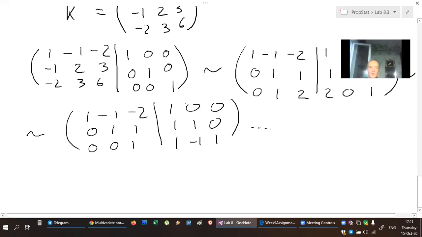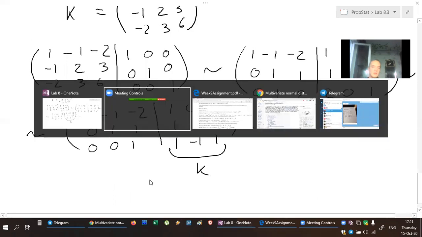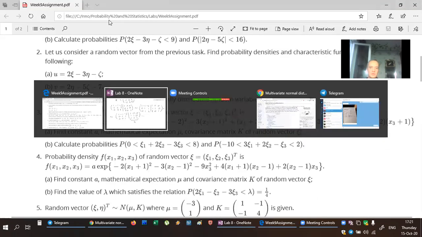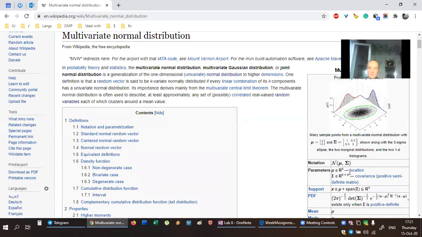Okay. Anyway, here we have this matrix K, and then to find A, we just need to use this formula. So we have to find 2 pi in the power of minus 3 divided by 2, and the determinant of the matrix K in the power of minus 1/2. That's it.